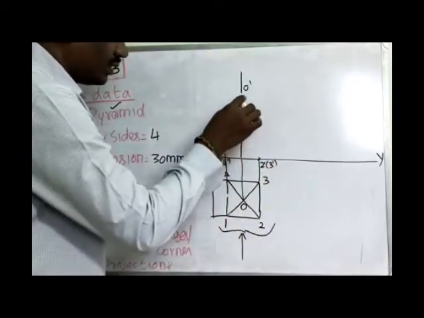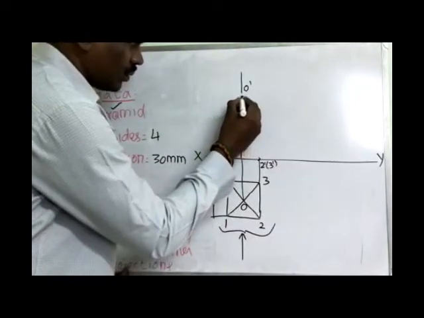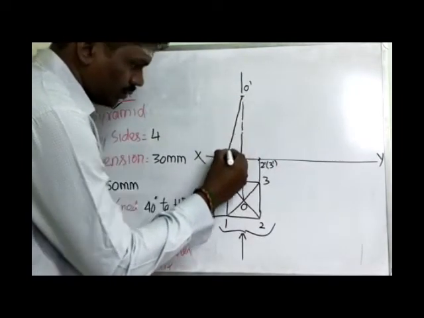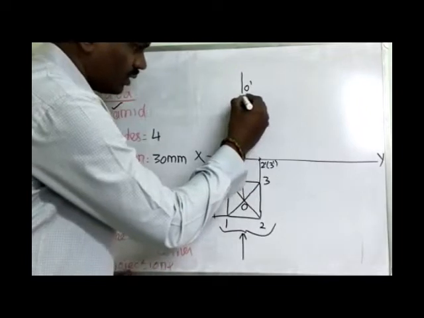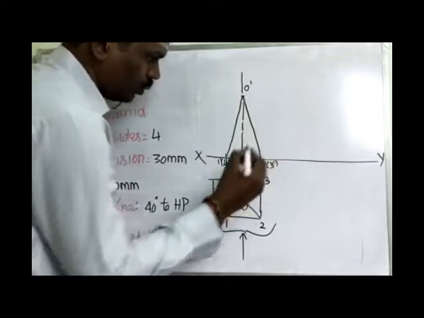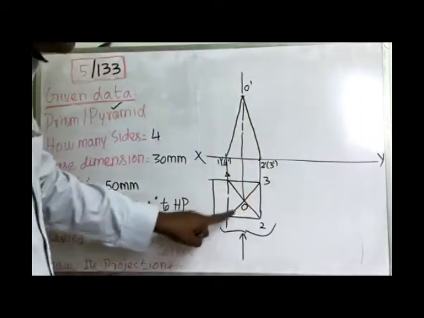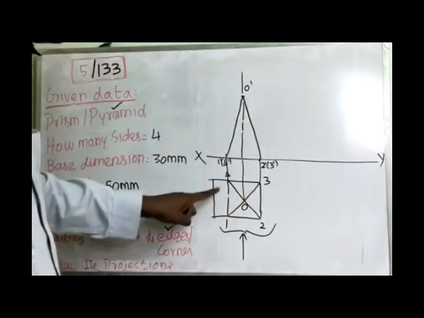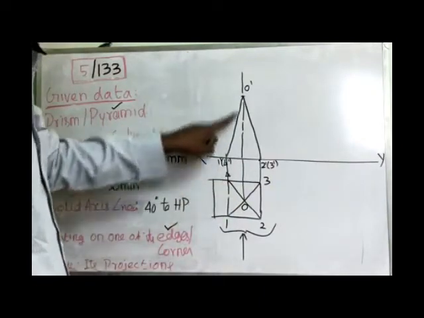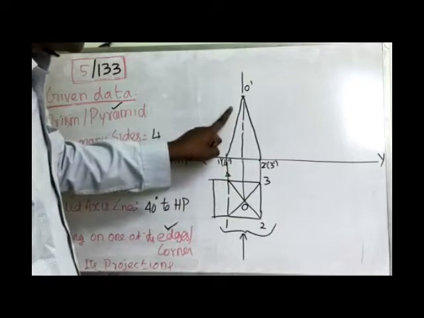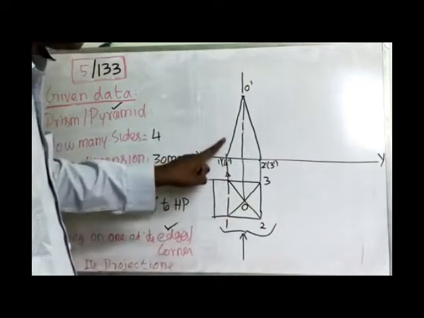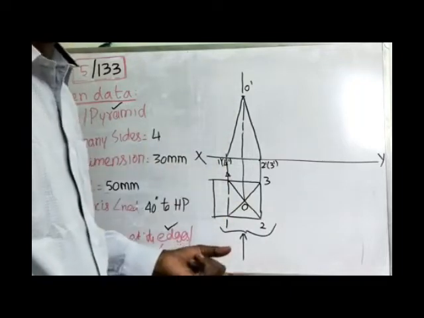Now you connect O to 1, O to 2. From the same longer edges, O to 1 slant edge is visible, O to 4 slant edge is invisible. In the same place, O to 1 and O to 4 longer edges are there.